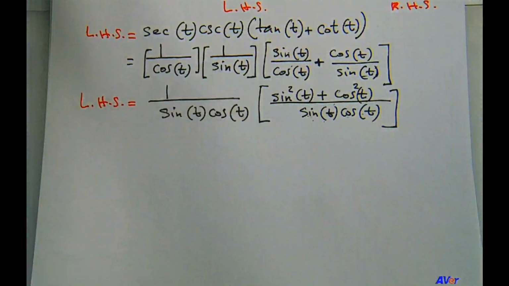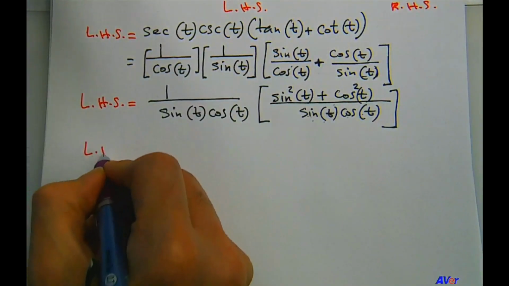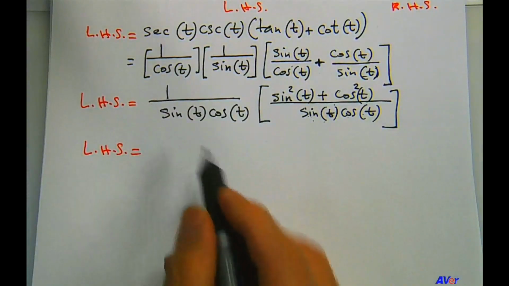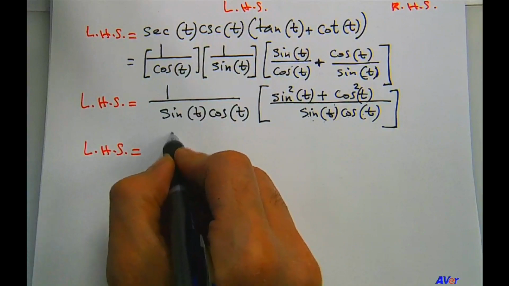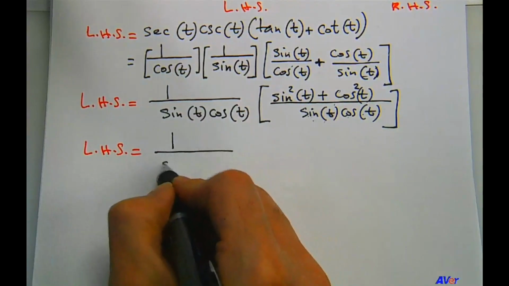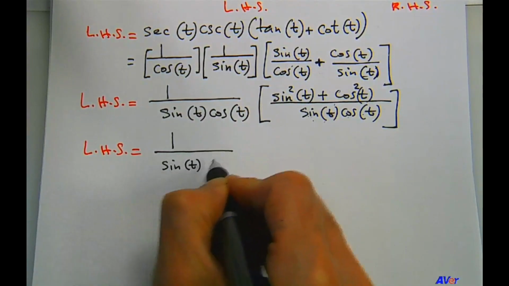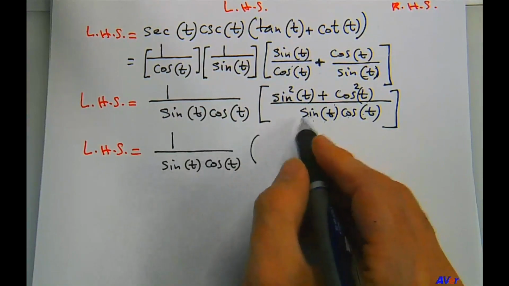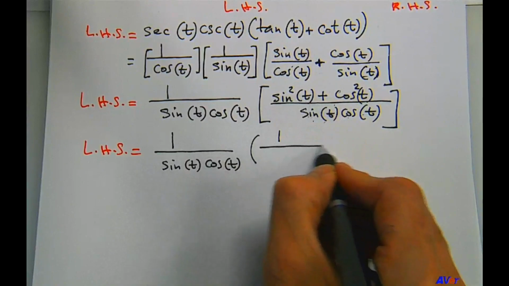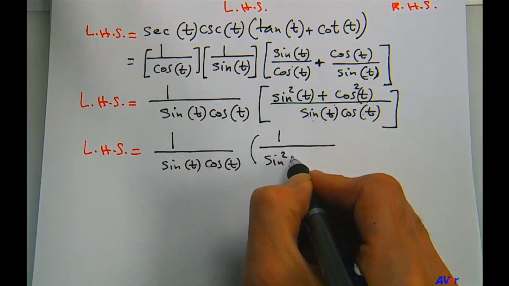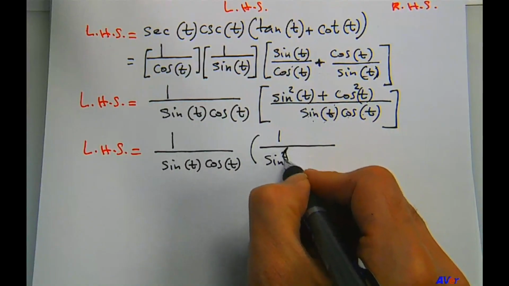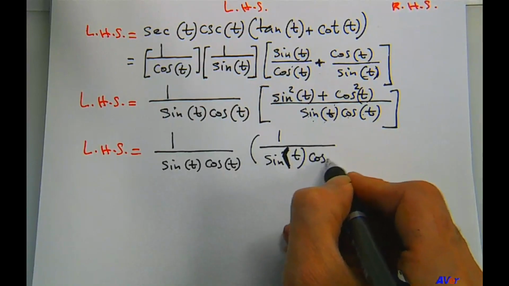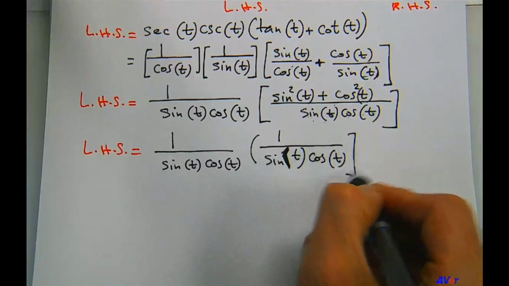So let's simplify the left-hand side a little more. We're still going to have 1 over sine of t cosine of t times 1 over sine of t times cosine of t.